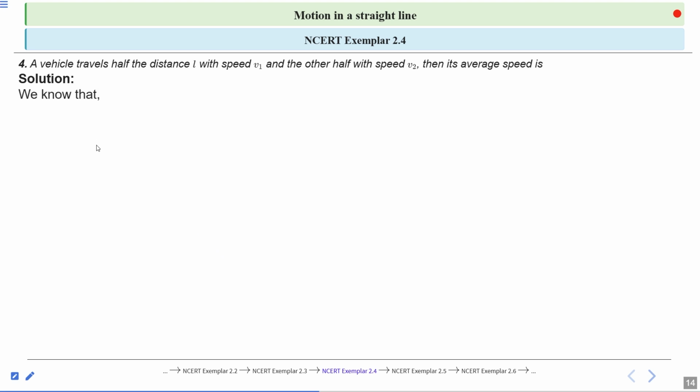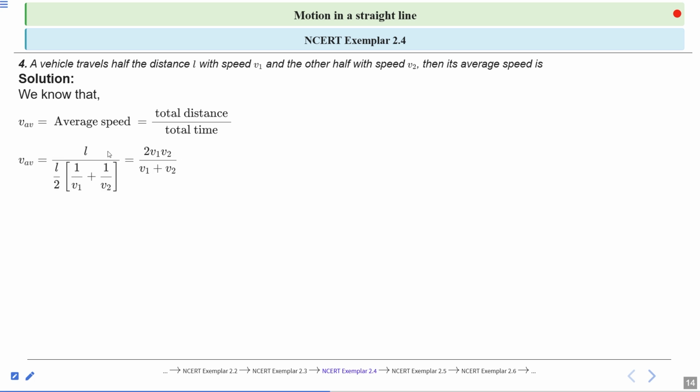We know that average speed is equal to total distance divided by total time. This is the formula of the average speed, and this is important. So just substitute all the given terms. Total distance is L according to the question, and total time taken is t1 plus t2.